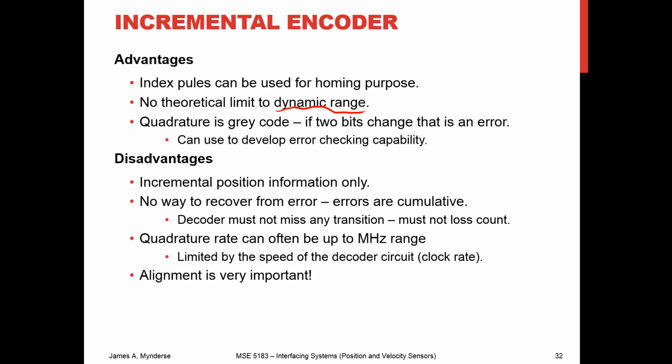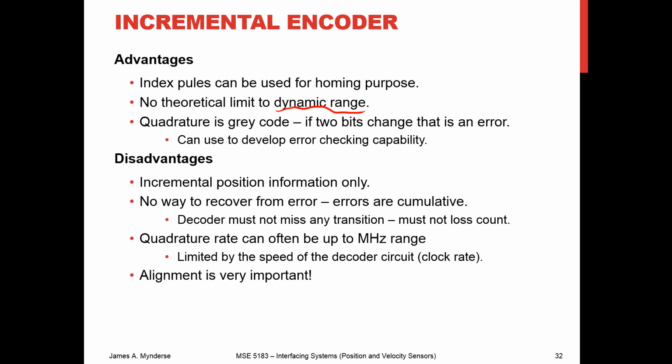We had relatively limited dynamic range. Quadrature itself is gray-coded, so we shouldn't ever see 2 bits changing at the same time, and so we should automatically know that when we read in the A channel and the B channel, we're always getting good data, or if we get bad data, we can do something about it. Now the output latch is different, but the A and B channels are gray code.